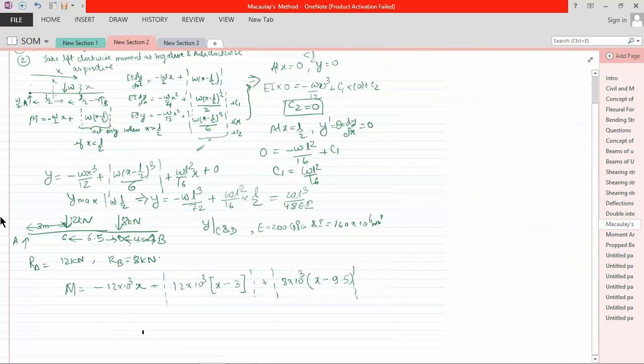So let me go with it. Integrating, EI d2y by dx2 is equal to M, that is equal to minus 12 into 10 raised to the power 3 x plus 12 into 10 raised to the power 3 into x minus 3.